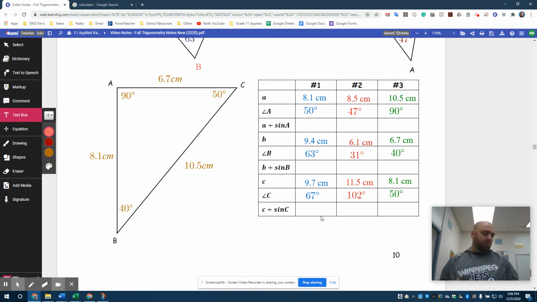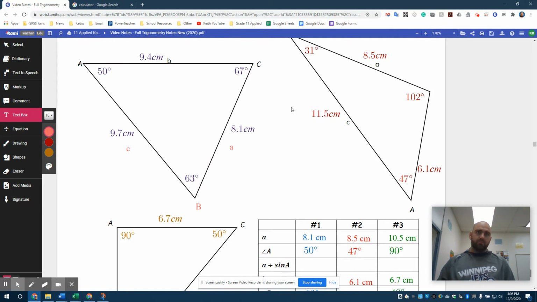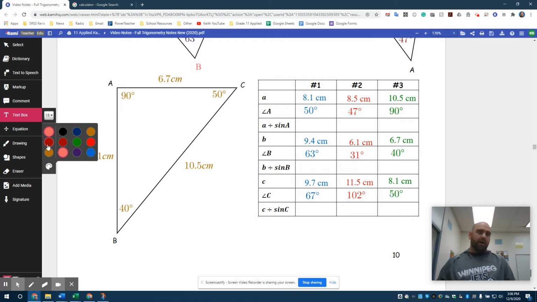Now, what we would do in class is see what happens if we take the side length divided by the sine of our angle. So 8.1 divided by sine of 50 is 10.57.